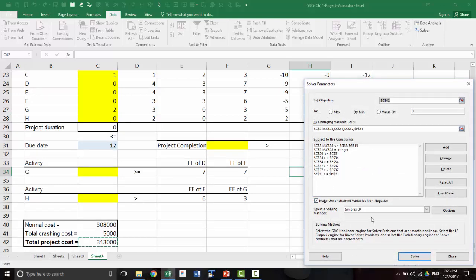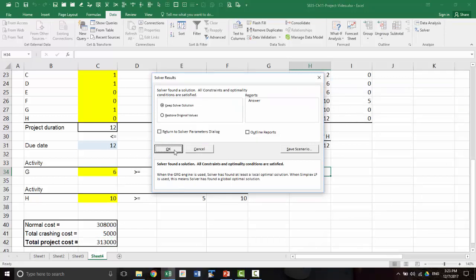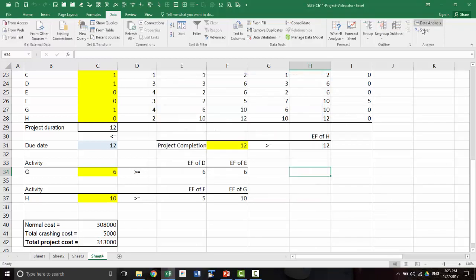Okay, so now we can use simplex. You see we have it. So by removing the cells where we had to use max and making them into changing cells and then setting up constraints, we will be able to remove the non-linearity and be able to use simplex LP.